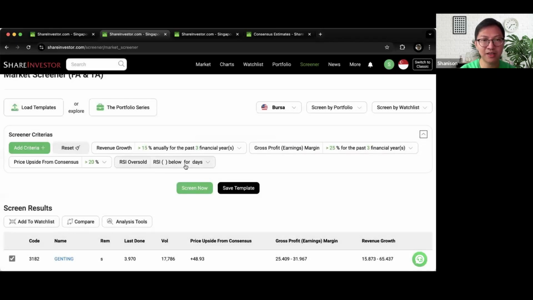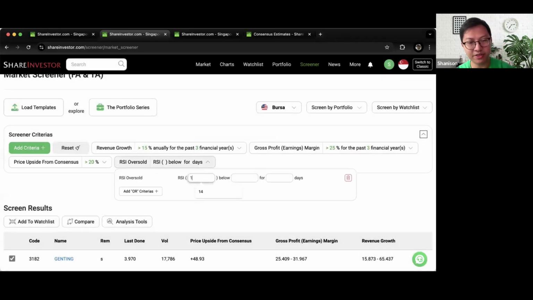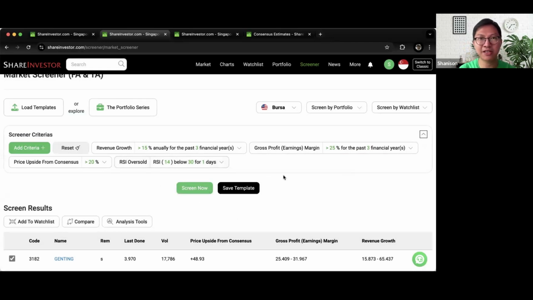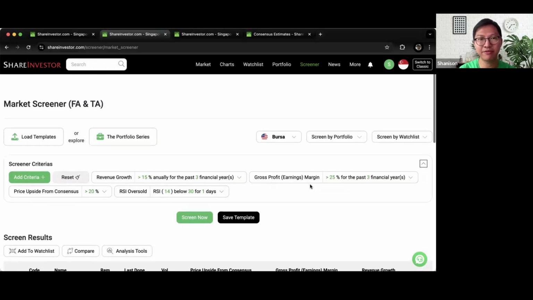So you can choose the RSI and define, maybe, 14 days RSI below 30, which is usually considered oversold, maybe for the past 1 day. Then after that, you can start screening for the results. With this, it's basically a combination of FA and TA, and after that you can do more analysis based on the results you have.